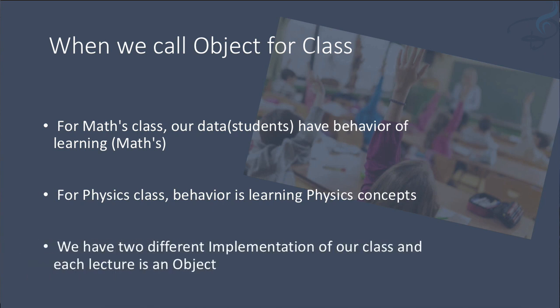In this way, we have two different implementations of the same class, and each lecture is an object. The lecture of maths is an object of our class. The same student is there in a maths class but with the behavior of learning maths, and the same student in a physics class has the behavior of learning physics concepts.